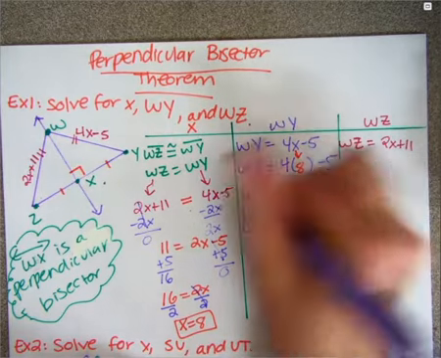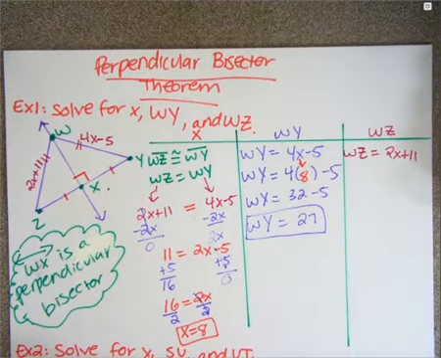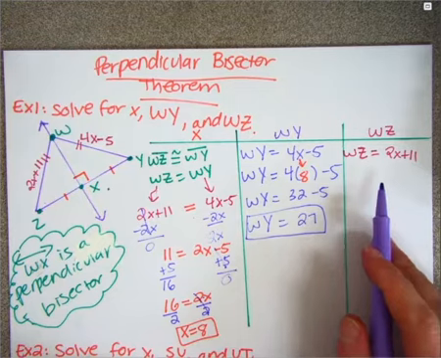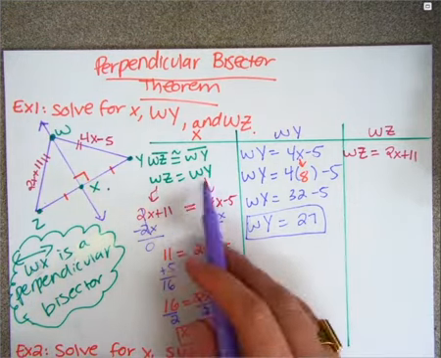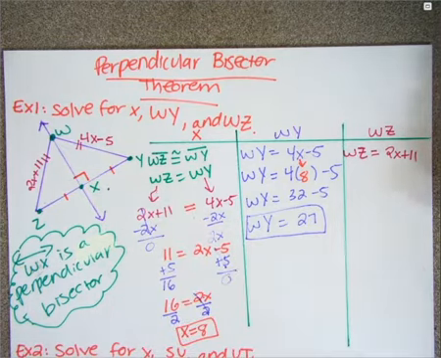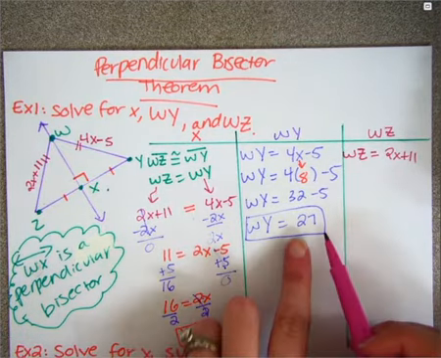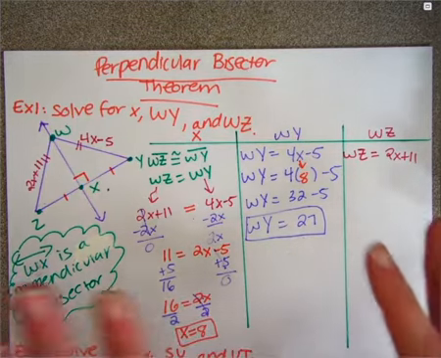Yay! So I currently know what one of my segment lengths is. Since I know these two are equal, technically I already know that WZ should be 27, but it doesn't hurt to check, right?